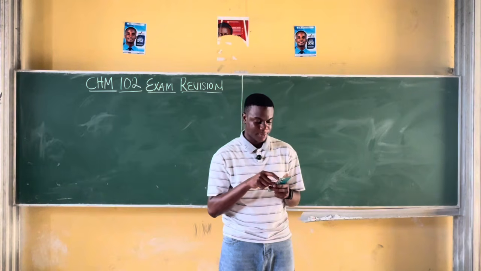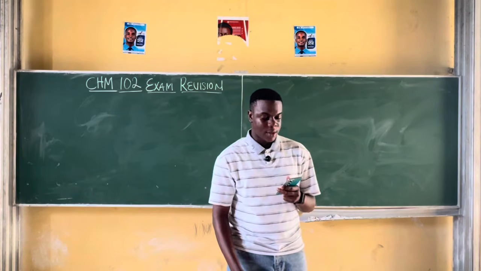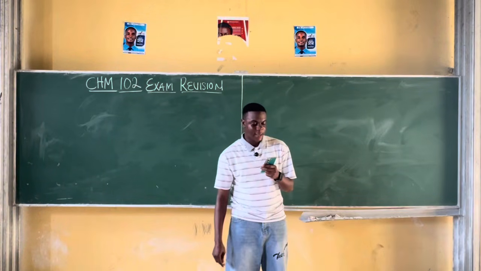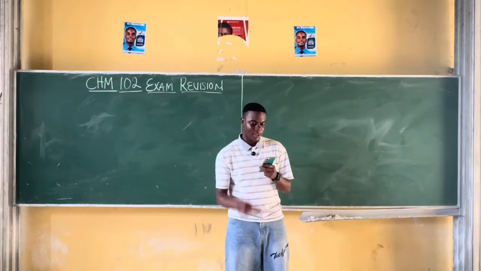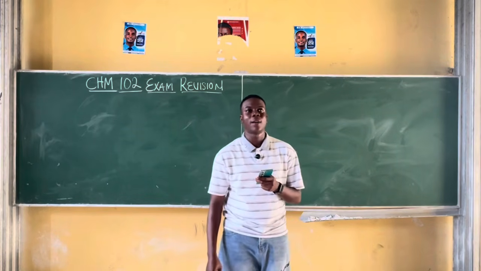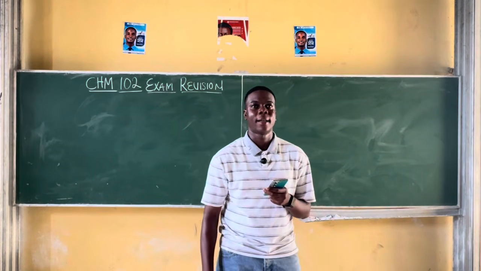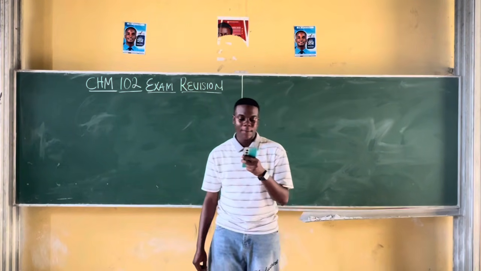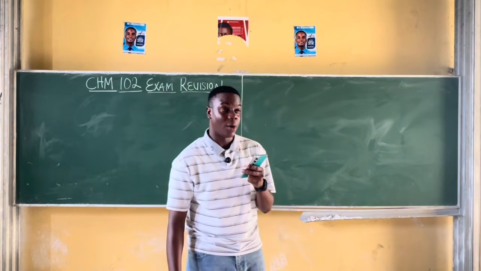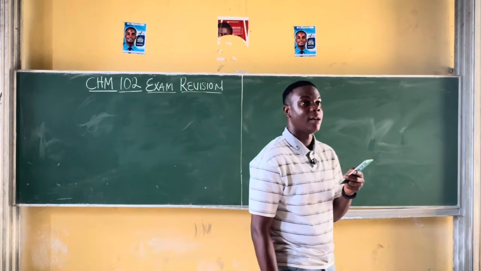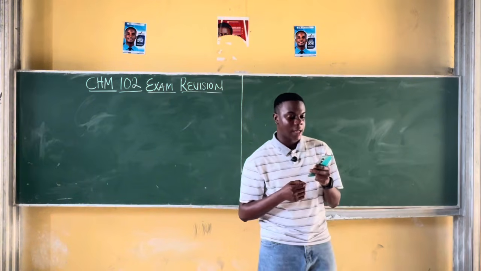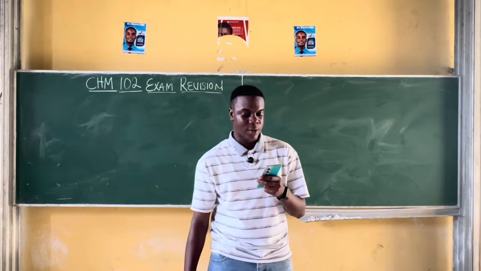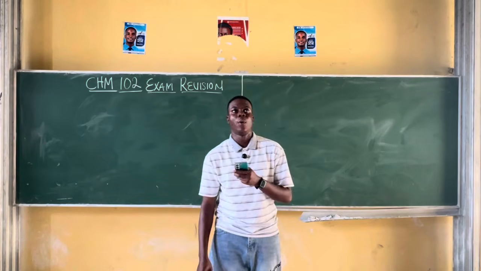The instruction from number 1A says tick the correct answer, and every answer has 1.5 mark attached to it. The first question says, arrange the following bonds in order of increasing bond length.